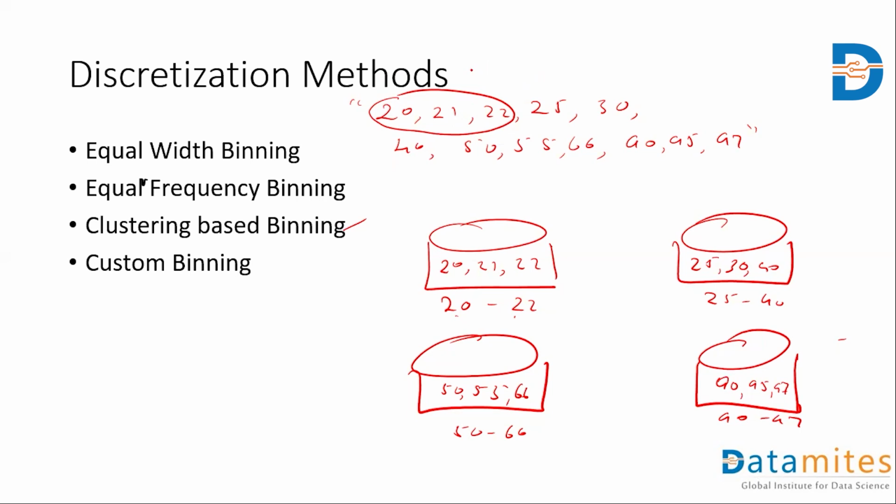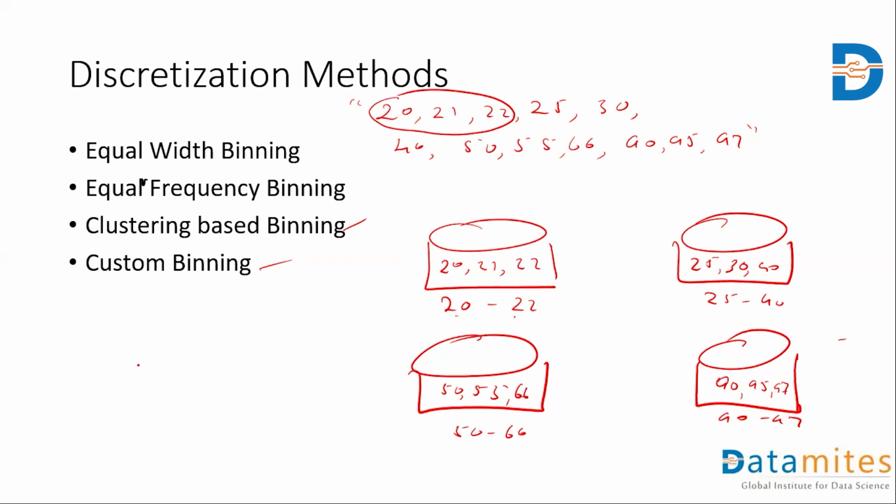And also we have the concept of custom binning. Custom binning refers to the situation where you, as the researcher or data scientist, owing to your domain knowledge, domain expertise, and business knowledge, are able to figure out what the bin length is supposed to be, right? So rather than relying upon equal width or frequency or whatever, you are creating your own bins based on your domain knowledge.